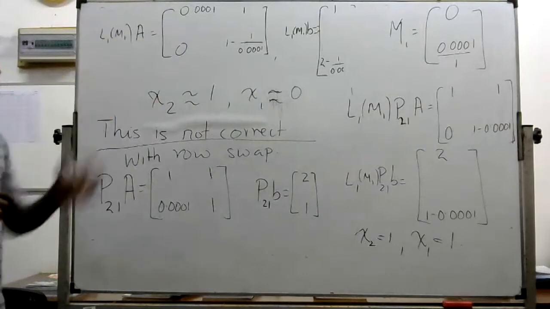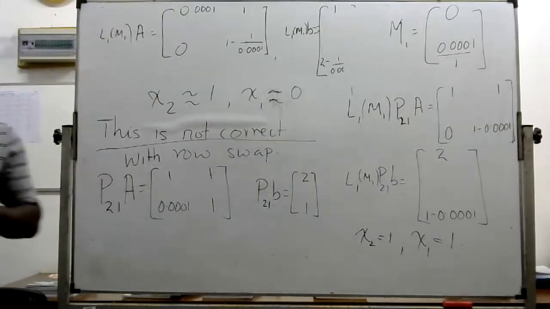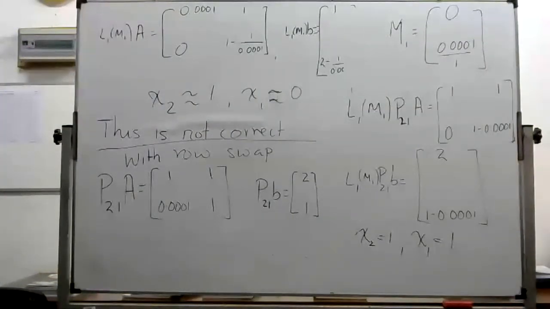Not just because we have 0 on the diagonal, even if the term on the diagonal is smaller than the off diagonal terms, right?